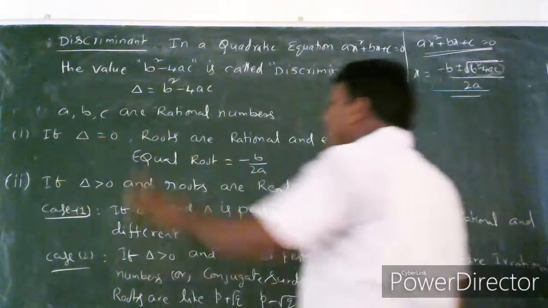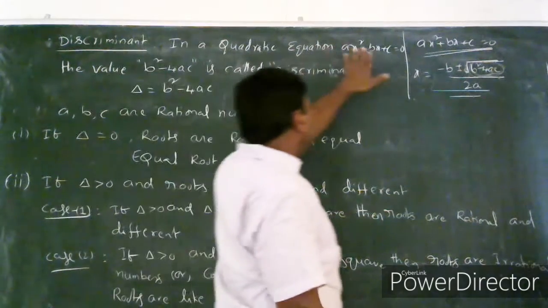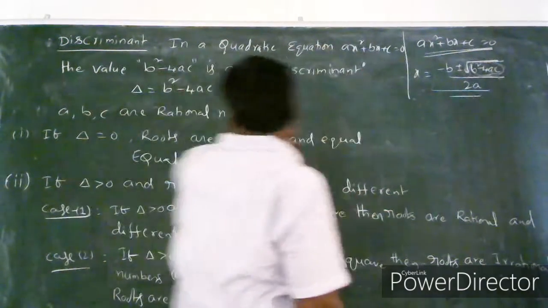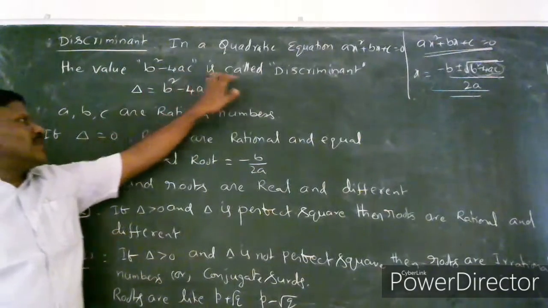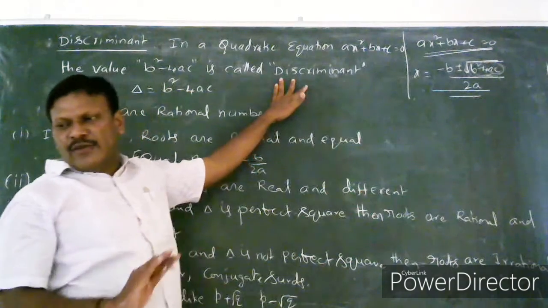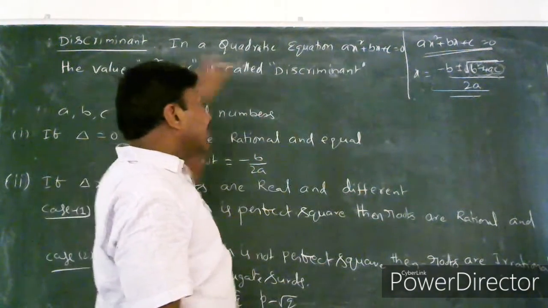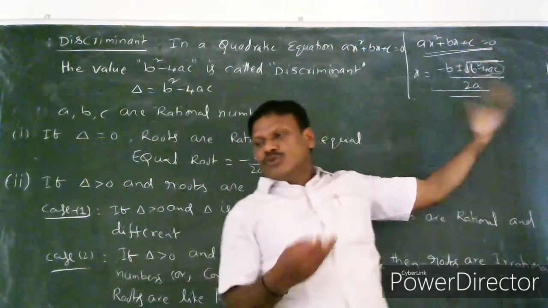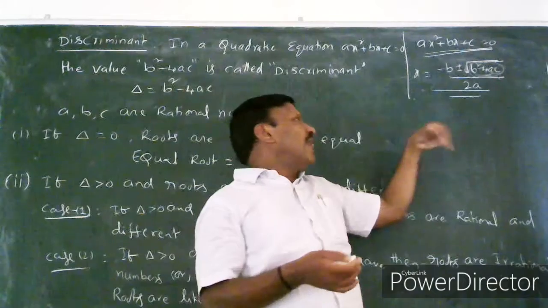So what is the definition of discriminant? In a quadratic equation ax square plus bx plus c is equal to 0, the value b square minus 4ac is called the discriminant. Why is this value the discriminant? Because the value b square minus 4ac is inside the root in finding the values of x.